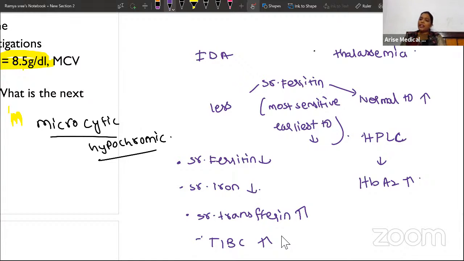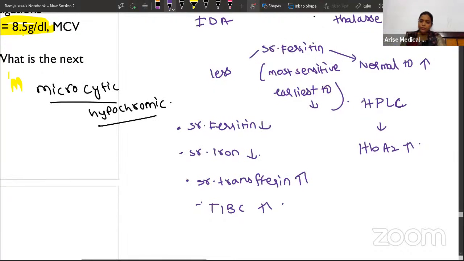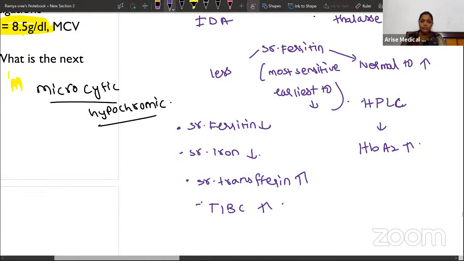Serum transferrin and TIBC both will increase. Right. So that's about iron deficiency anemia.